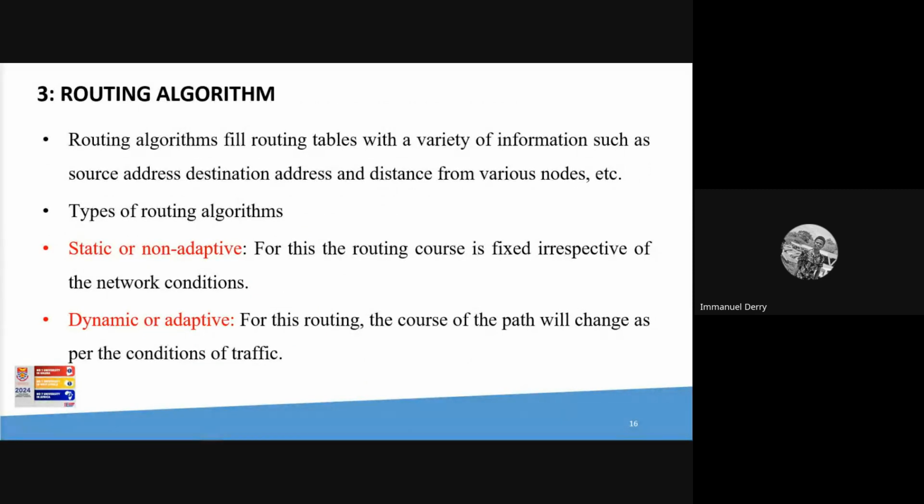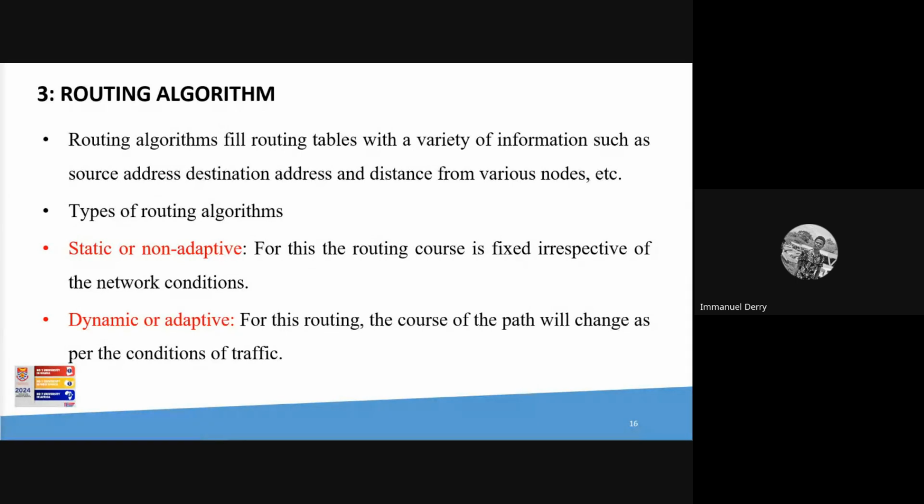And then the dynamic is the opposite of the static, where the course or the path will change as per the conditions of traffic. I think we quite experience this in real life situations, those of us who have been to towns where there's heavy traffic. Instead of following the traffic, drivers go through different routes and then come back to the main road, and then set off to wherever destination they are going.